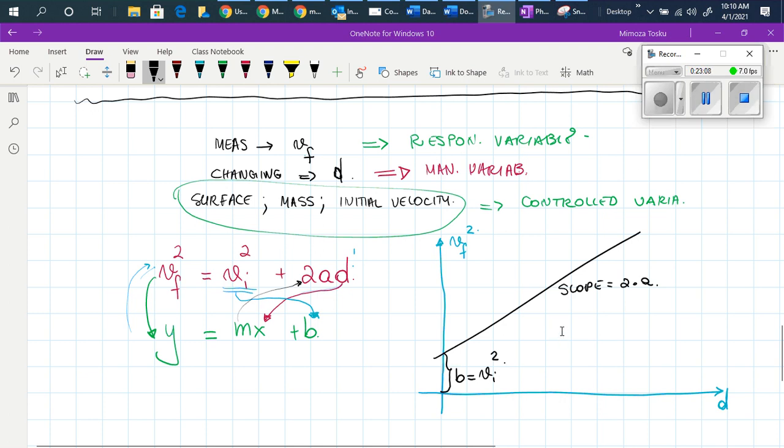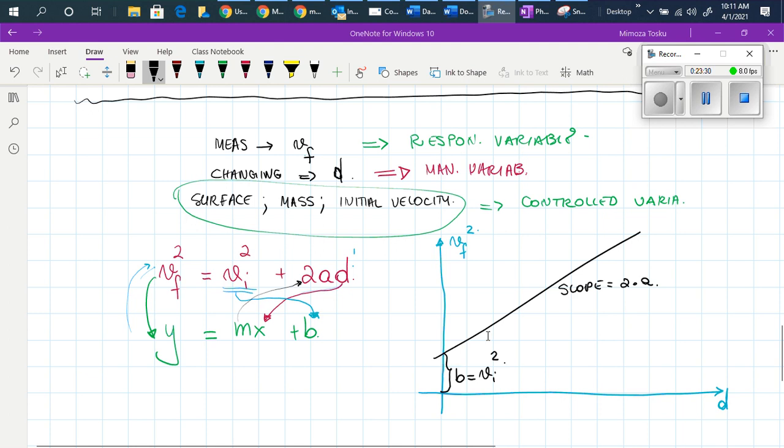So now in your formula sheet, you can take any formula that you see in the formula sheet and say, in a graph, will that look like a straight line? If yes, then say what is the slope and what is the y-intercept.